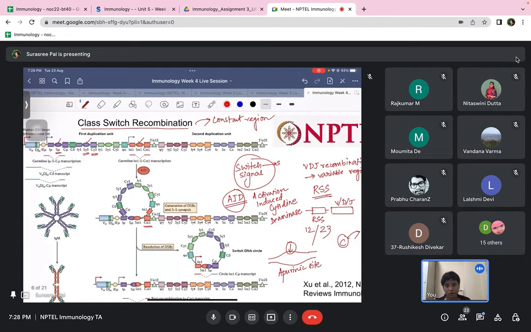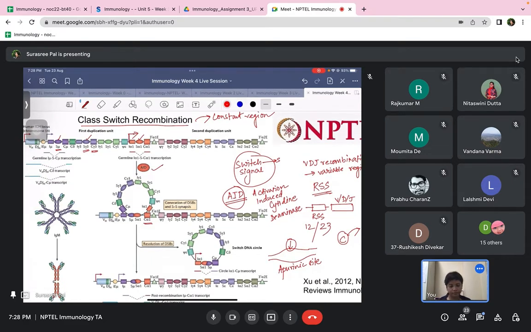First of all, this cytokine induced expression occurs, right? So here you can see, what is this denoting? This arrow is denoting transcription. So this region is being transcribed, and this AID is the enzyme which is now helping in this recombination event.